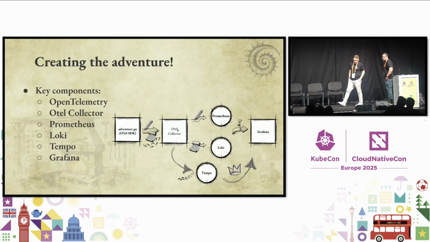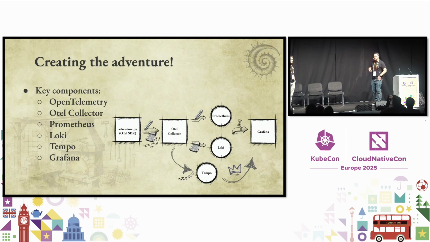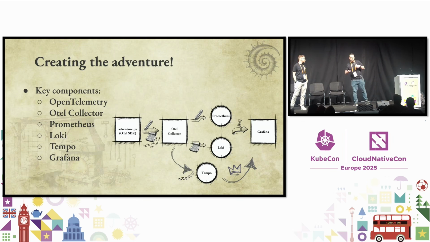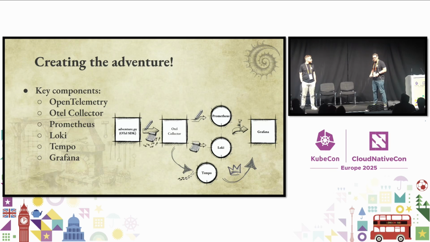All right, so how did we create this adventure then? So obviously this was a little bit of fun, but we did this to try and show you the core concepts of observability and actually how they can be used to help you debug your actual applications rather than just a text-based adventure. And so there's some key components of this. We're using OpenTelemetry throughout the entire stack. We basically have a small Python script, and that's instrumented with the OTel SDK.